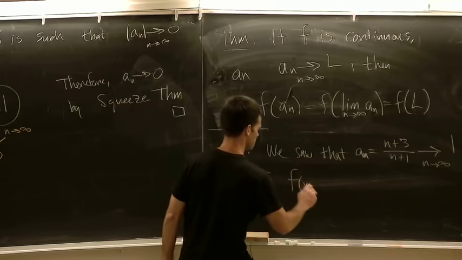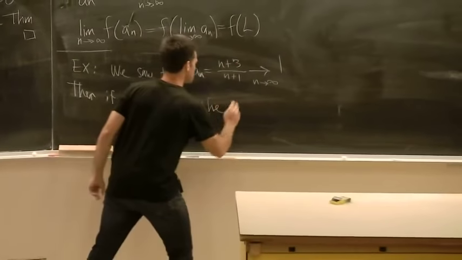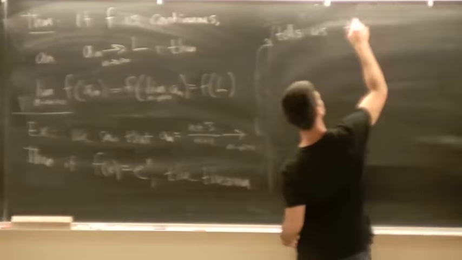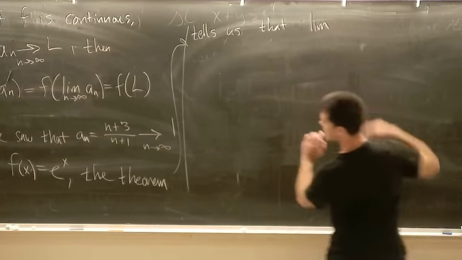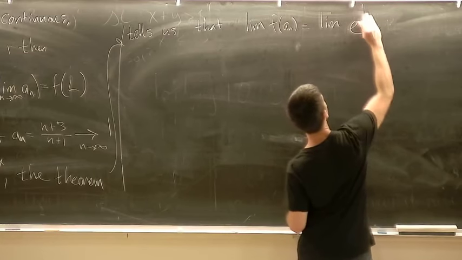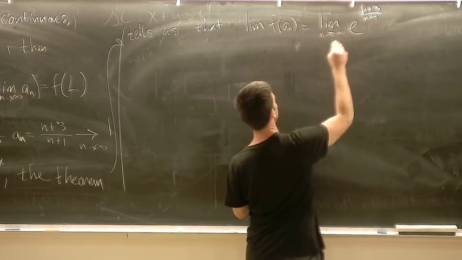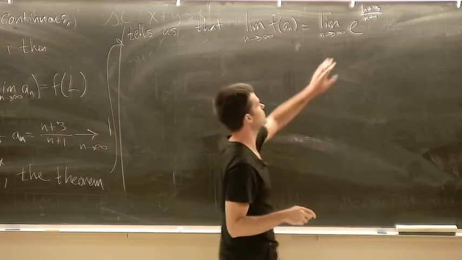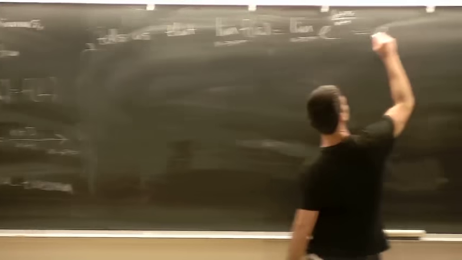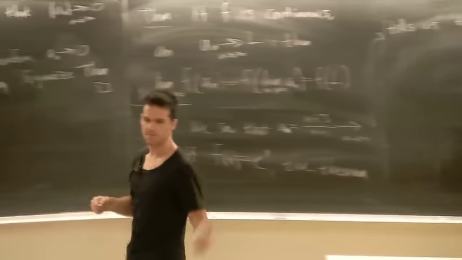Then if f of x is e to the x, the above theorem tells us that the limit of f of an, in other words, the limit of e to the n plus 3 over n plus 1 as n goes to infinity, we're just allowed to move that limit up into the exponent, which, as we know, goes to 1, so this is e to the 1. Okay, some of that stuff might help you guys on some of these homework problems.